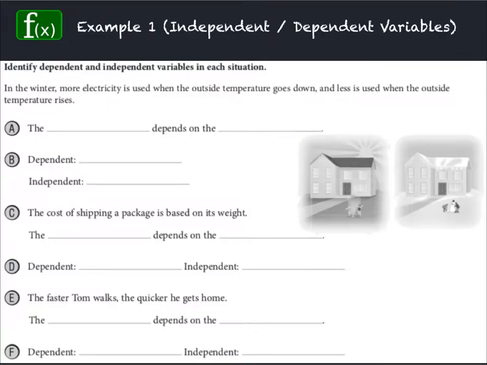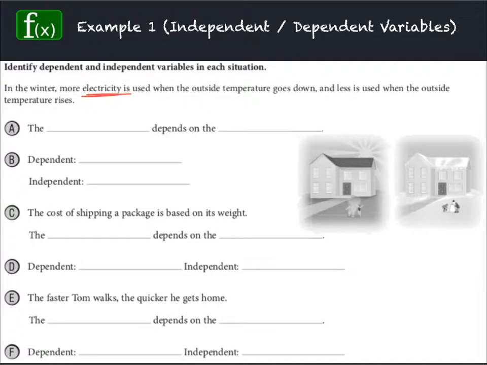Let's do a few more. Identify the dependent and independent variables in each situation. In the winter, more electricity is used when the outside temperature goes down and less is used when the temperature rises. So what are our two variables? Well, the amount of electricity is one of our variables, and the other variable would be the temperature.